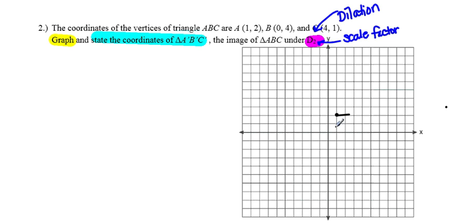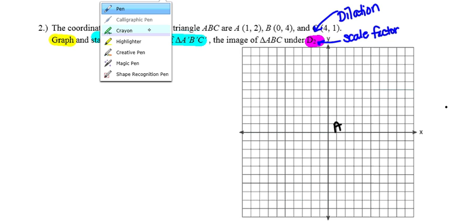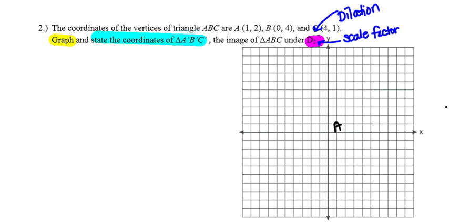So there's point A. There's point B. And there's point C. So if I did this right, it's probably going to be a funny looking little triangle.